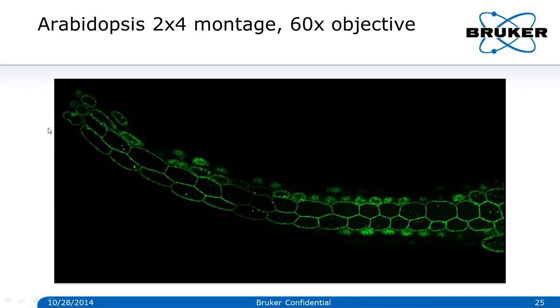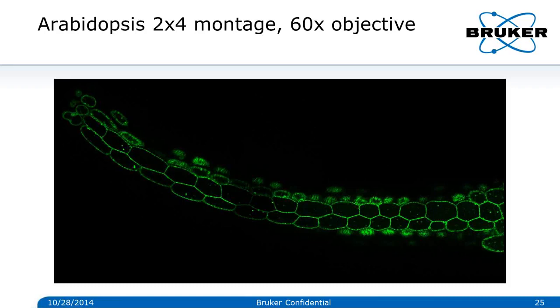Just a couple of examples of some data acquired using the Atlas imaging functionality. This is the Arabidopsis plant. This is actually a stem, and this is a 2x4 montage using a 60x objective.